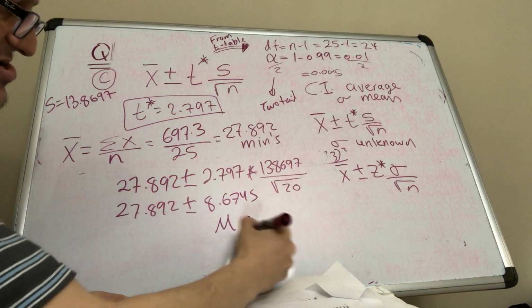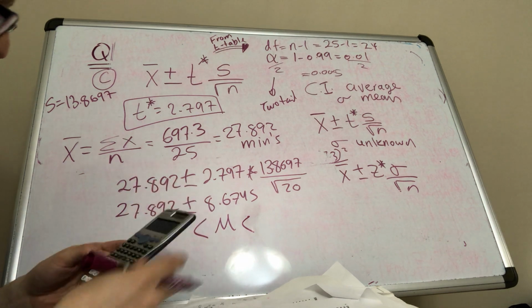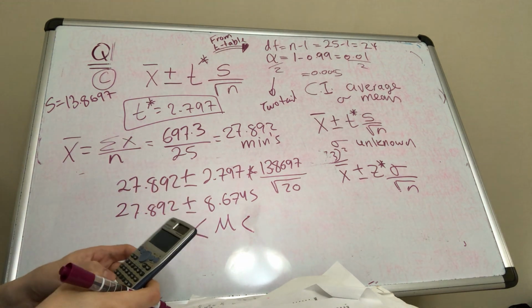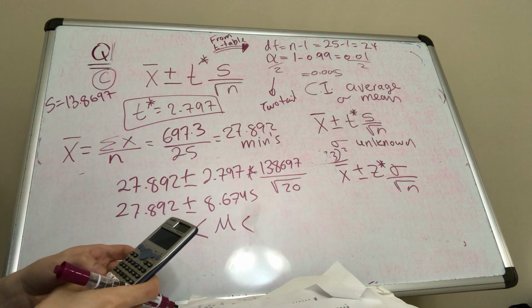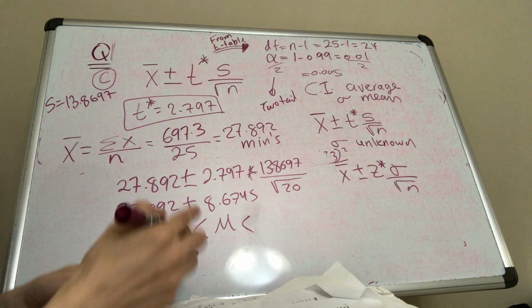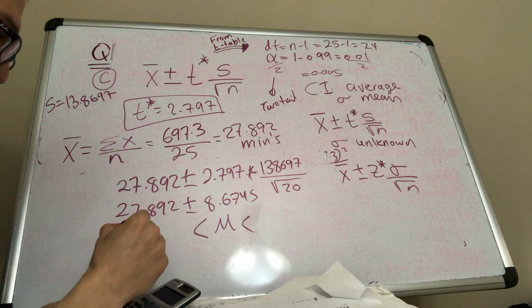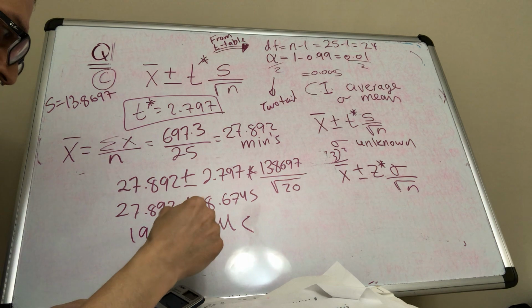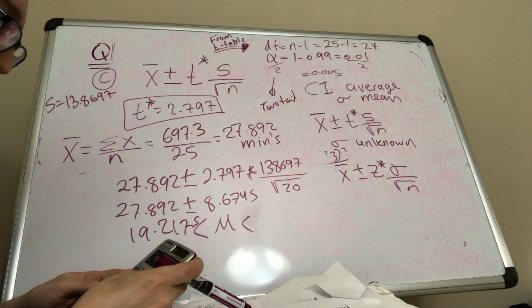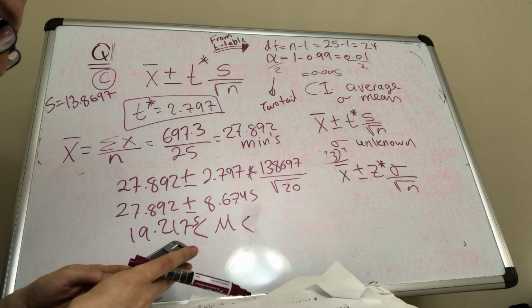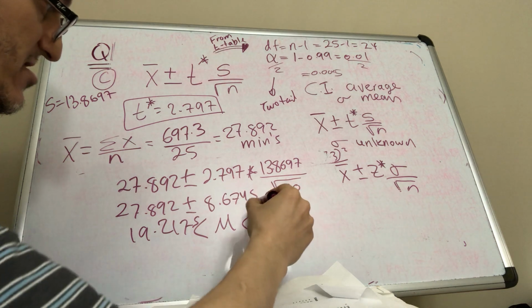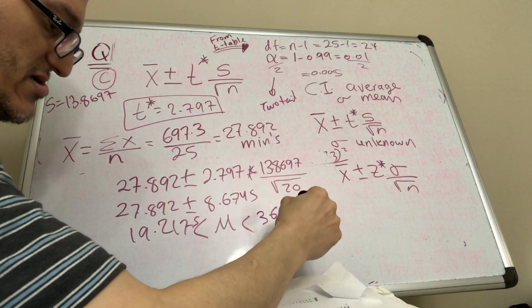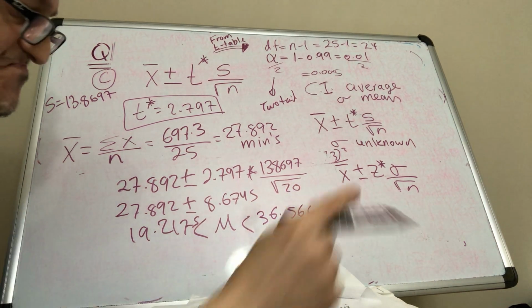So your estimation for mu, you minus them, gets you down to 19.2175. You add them, gets you to 36.5665.